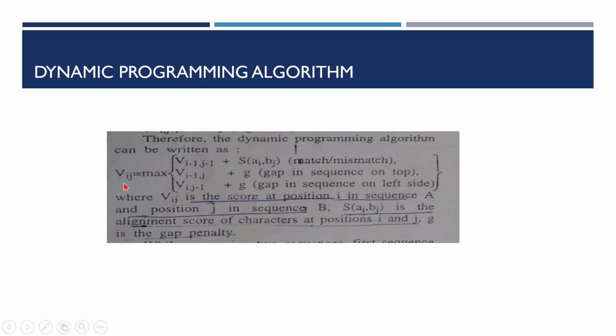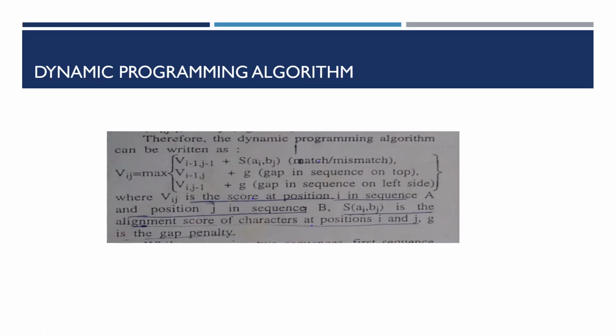So to fill the score in a particular cell Vij, as per the dynamic programming algorithm, that value is maximum of diagonal position value plus alignment score, above value plus gap penalty, and the left side value plus gap penalty. Take these 3 values. Whichever is the maximum of these 3 values will be the value of the Vij.